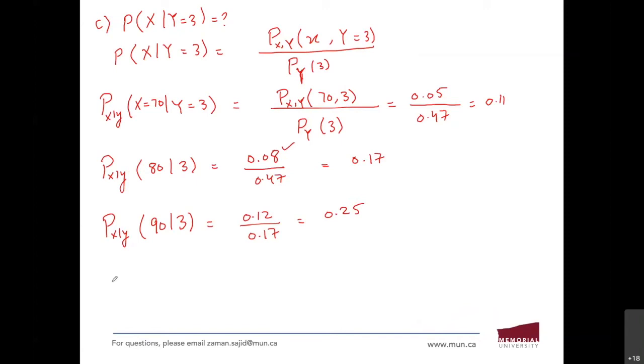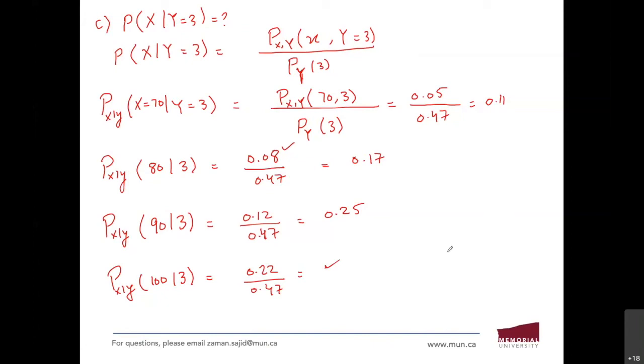And the last is the conditional probability of X at the value of 100, given that Y is 3, which equals 0.47 divided by 0.47, and we get the value here for our conditional probability of X given Y.